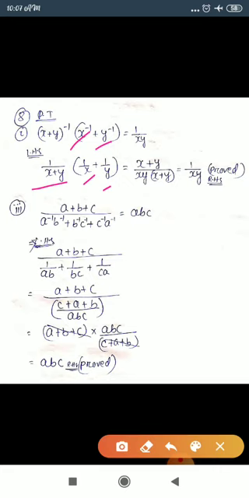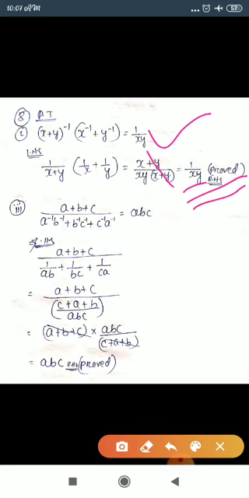Okay, now just find out the LCM and get the numerator and denominator. So numerator will be x plus y and denominator, the LCM is xy, times x plus y. Okay, now this x plus y and x plus y will be cancelled out, and what you will get? 1 by xy. So this is our RHS. We have proved here. Okay, now number 2, like that you can do it.